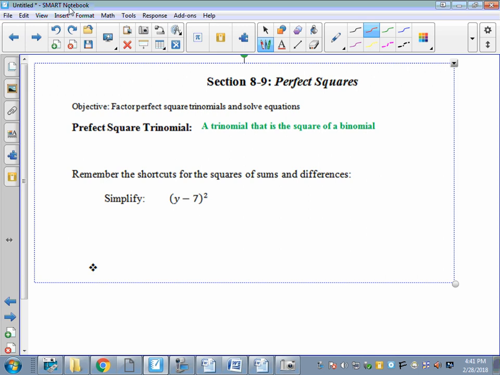If I was to use my shortcut, I want to square my first part, so I'm going to have a y squared. I'm going to do plus 2 times my last part and my first part. And then I'm going to add on the square of my last part.